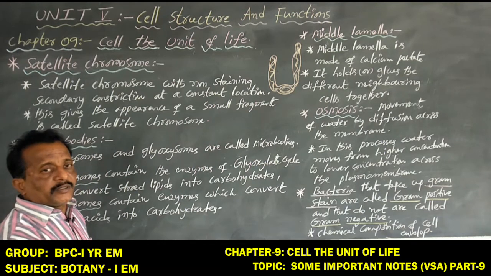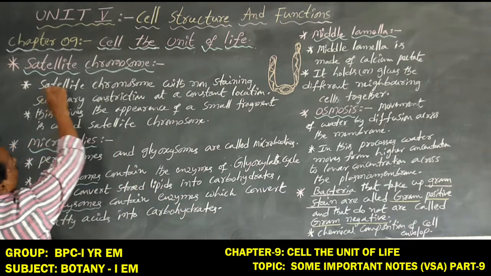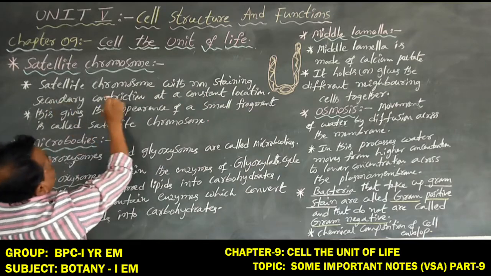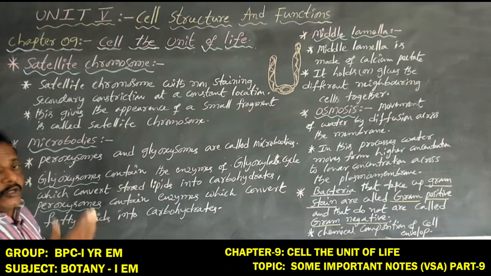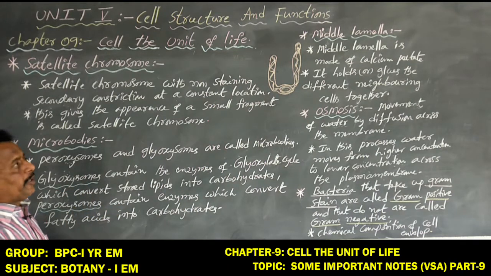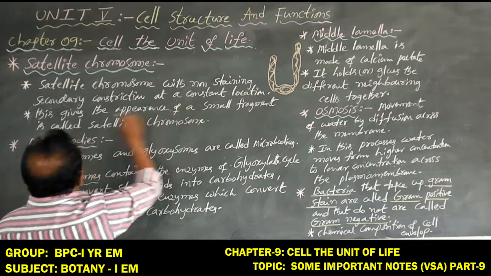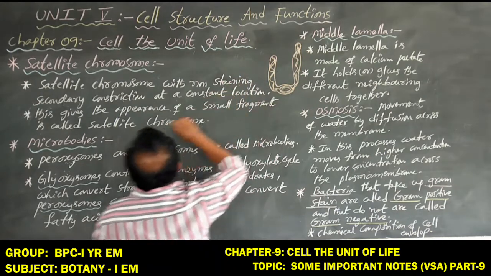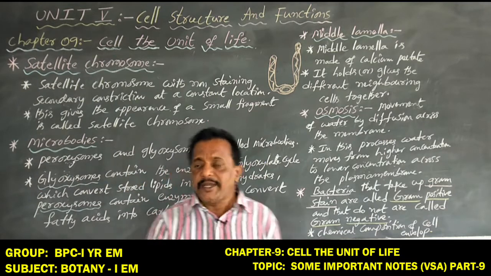There are no pigments involved, so it does not appear in different colors, only white. Now, a satellite chromosome has a non-staining secondary constriction at a constant location, meaning it is located at the tip of the second chromatid. This gives the appearance of a small fragment that is called a satellite chromosome. So this is about the satellite chromosome.